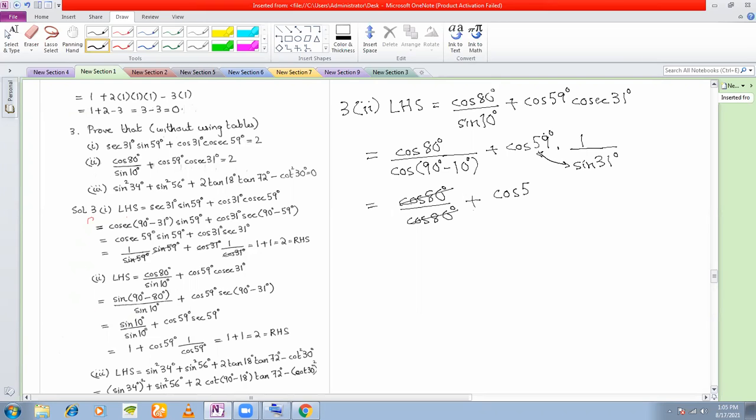Let us again change sine to cos. One plus cos 59 degree into 1 by cos 59. So again, these two are going to cancel. You're going to get 1 plus 1, which is equal to 2, which is equal to right hand side. And this is proved.